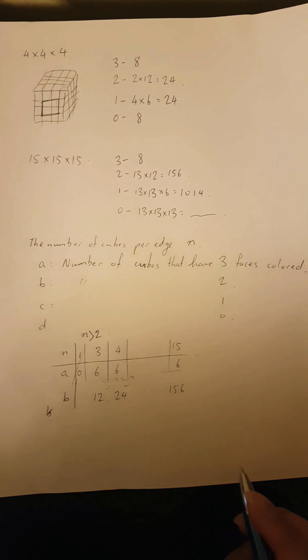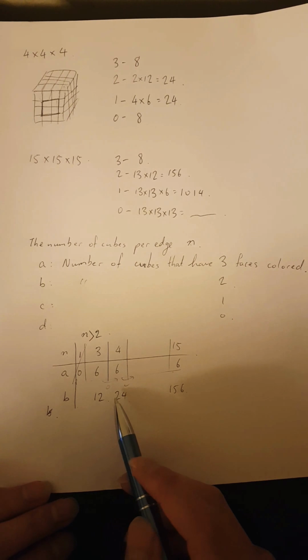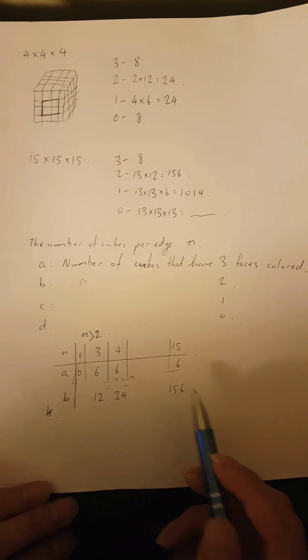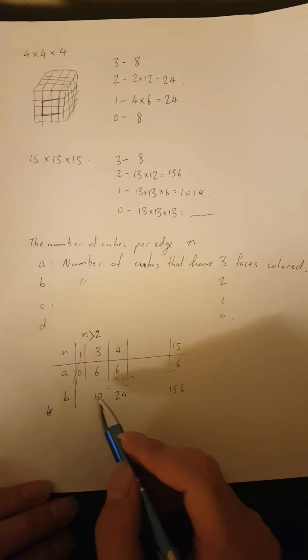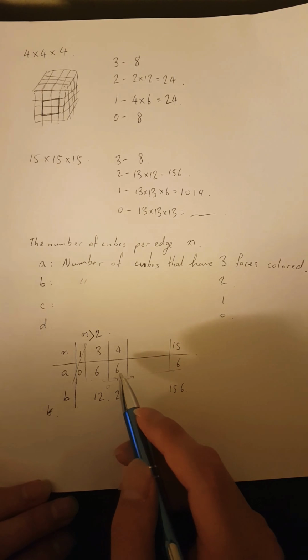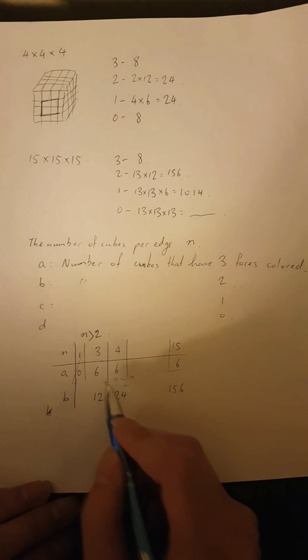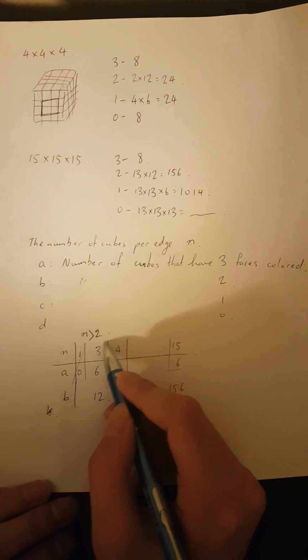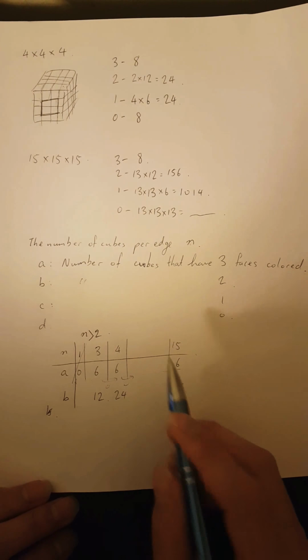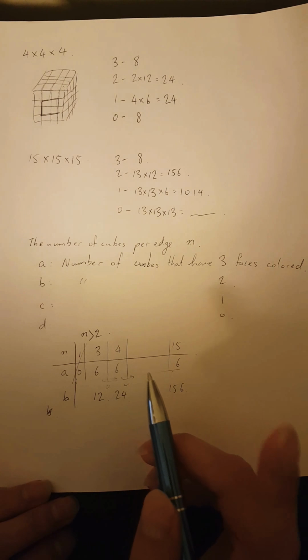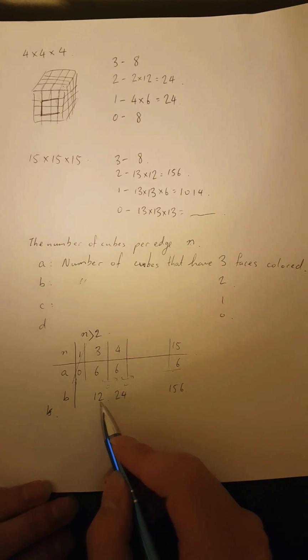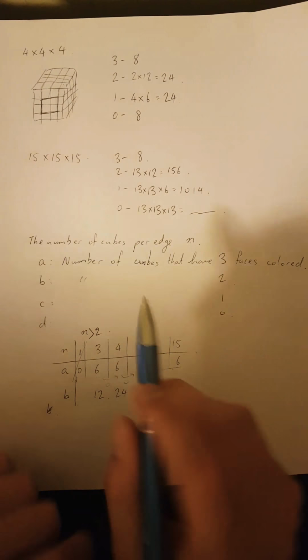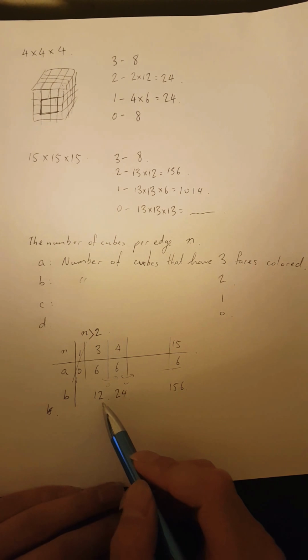It's kind of hard to see whether this is going to be in a linear relationship or not, but there is a way of seeing the relationship between n and B. As n increases by 1, the number of cubes per edge increases by 1.